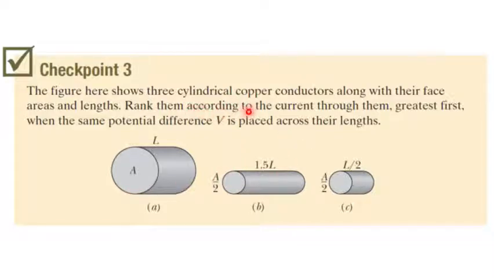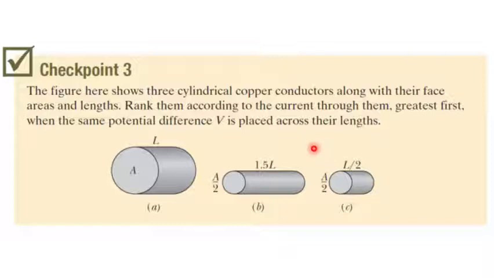Rank them according to the current through them. So it is required to rank them according to the current, greatest first, when the same potential difference is placed across them. So I have the same potential difference and I want to know what is the greatest current, what is the least current.